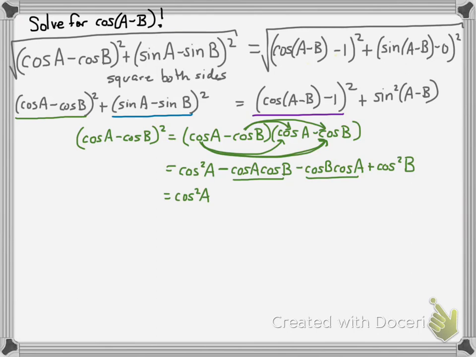They're both the same as cosine of A times cosine of B. So I have minus 2 cosine of A times cosine of B, and then plus cosine squared B. Okay, so we have now expanded that first term.